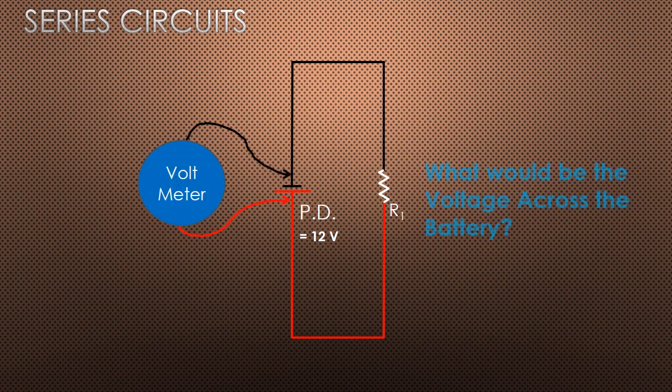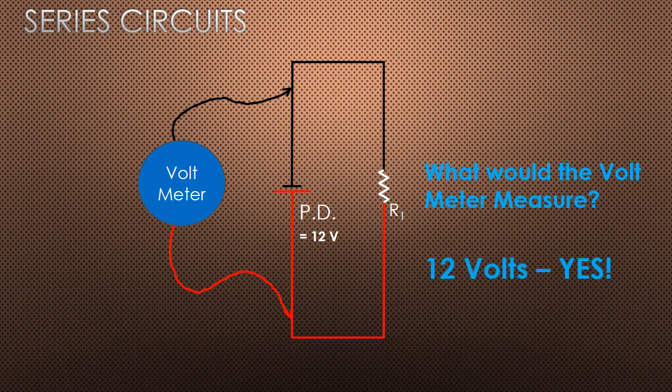If we used a voltmeter and put it across our potential difference, our battery, this would obviously read 12 volts. If we moved it farther apart, what would the voltmeter read now? That's right, still 12 volts.